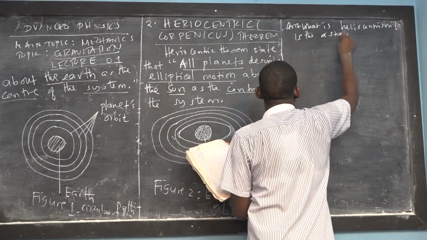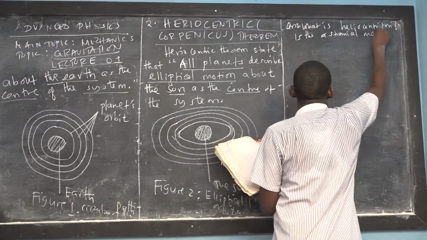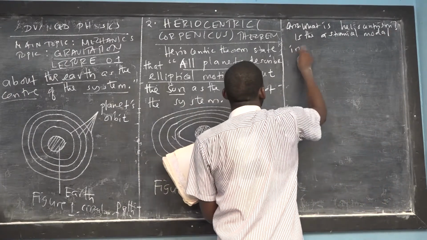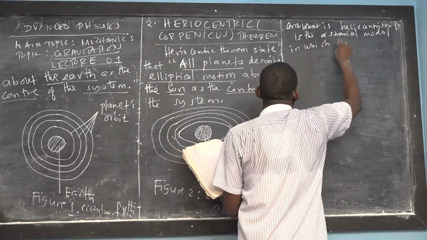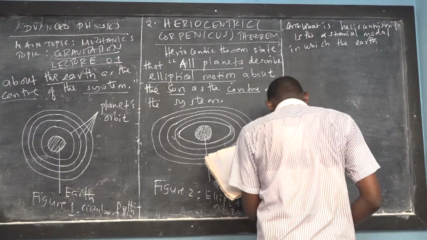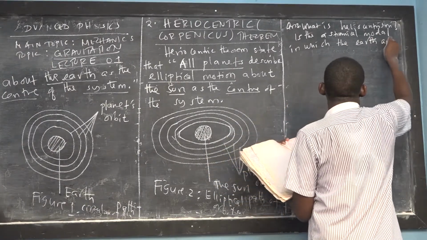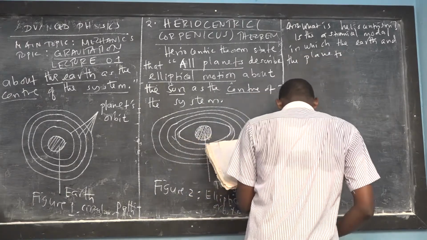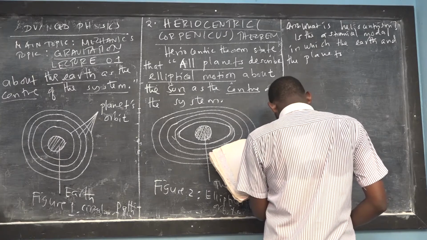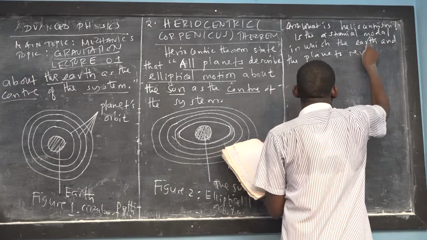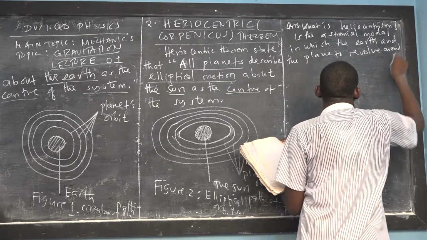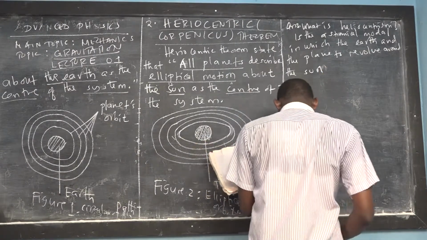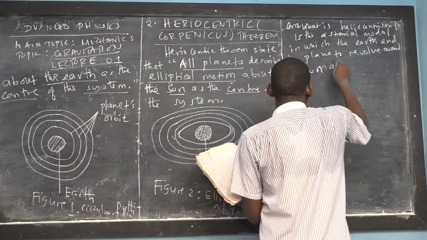Heliocentrism is an astronomical model in which the Earth and the planets revolve around the sun at the center of the universe.